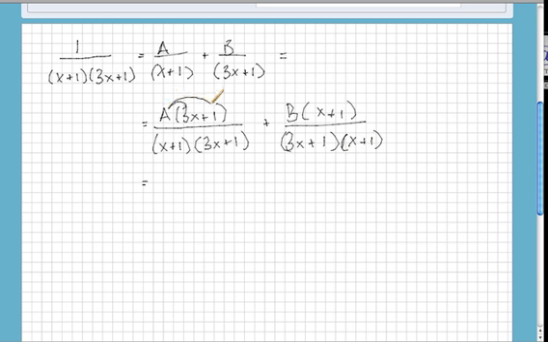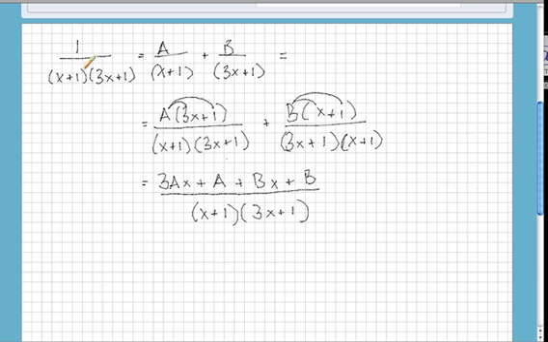So if I distribute a and b, on the top, I'm going to get 3a times x plus a plus bx plus b. And on the bottom, I'm going to get my least common denominator. Since both of these guys are united by the same common denominator, I can just go ahead and put them over the same denominator.